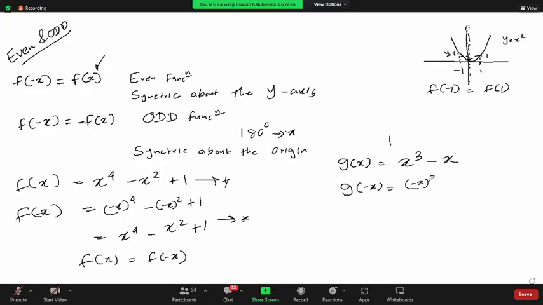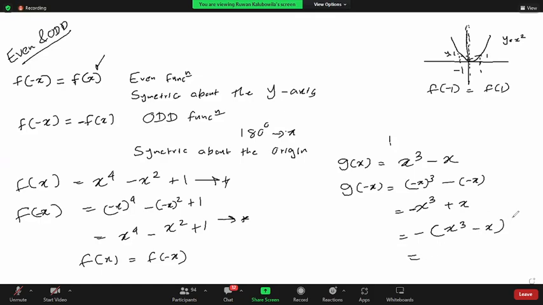Minus x times minus x gives plus. Let's take the minus sign out from these two, then we have x cubed minus x.